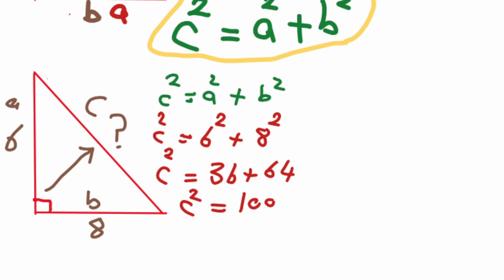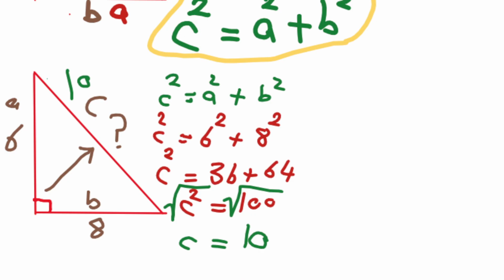Are we looking for C squared? Nope, we're looking for C. So we find the square root of both. The square root of C squared is C, which we are looking for. And the square root of 100 is, what number times itself is 100? It's 10. 10 times 10 is 100. So root 100 is 10. So we got C. That's very good.